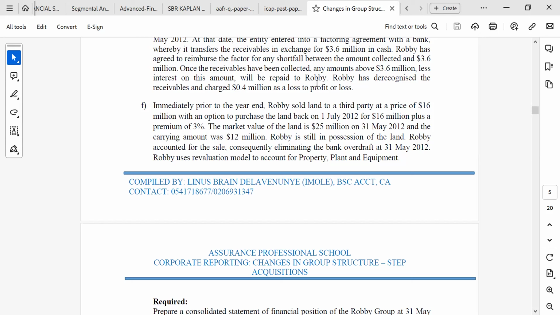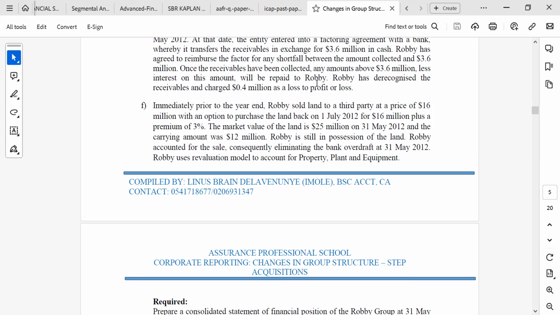The land should be transferred to the third party. The risks associated with the land, the ownership and everything with the land should be transferred to the third party. This is not a lease arrangement where you sell the land and you still lease it back to farm on it. No. The question does not give us enough information to make that assumption. So you are selling to a third party, not someone who is related to you.